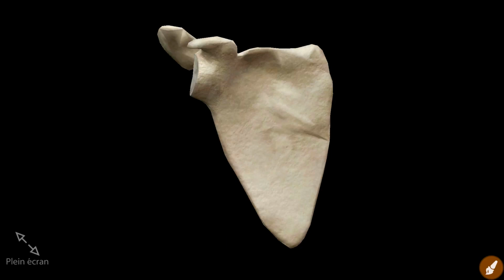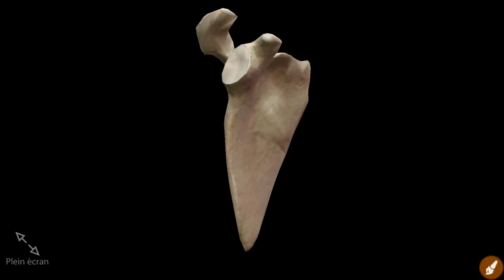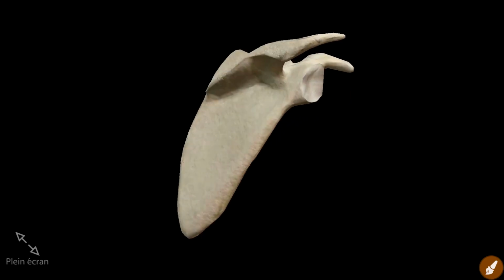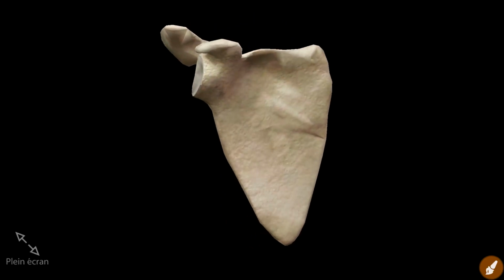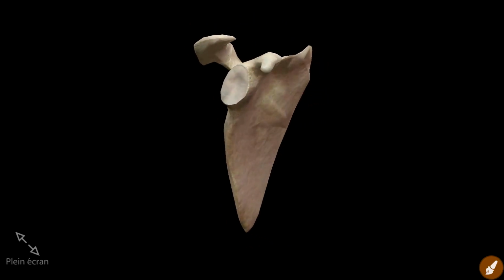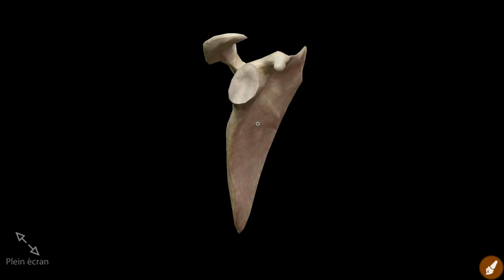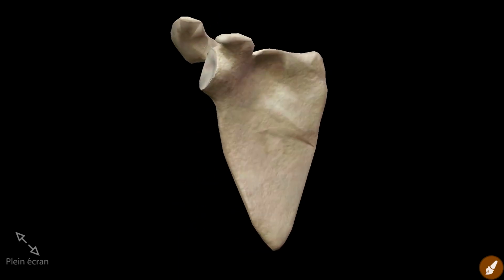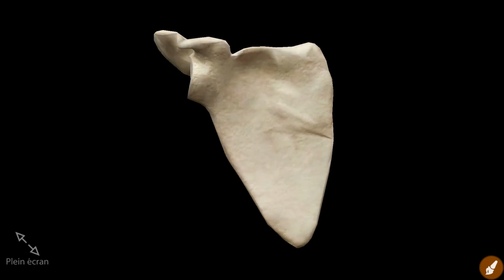The scapula has also two surfaces: the anterior surface and the posterior, with three fossae: the subscapular fossa and the supra and infraspinous fossae. And finally, there are three angles: superior, inferior, and lateral angle.